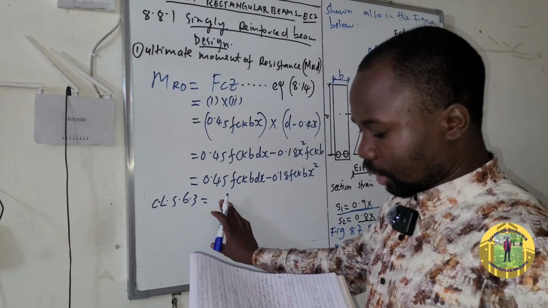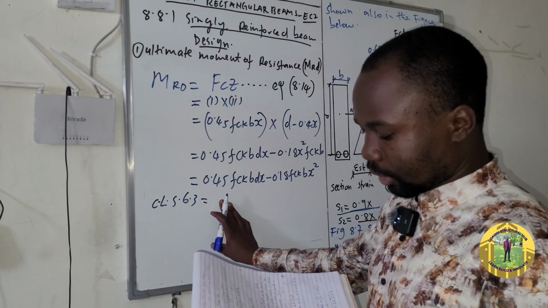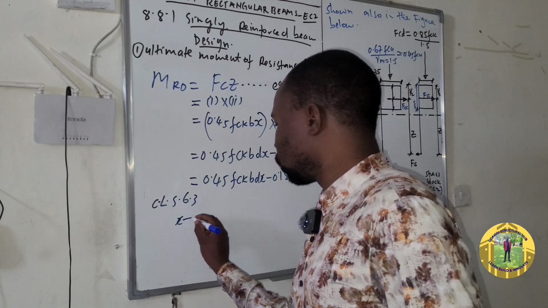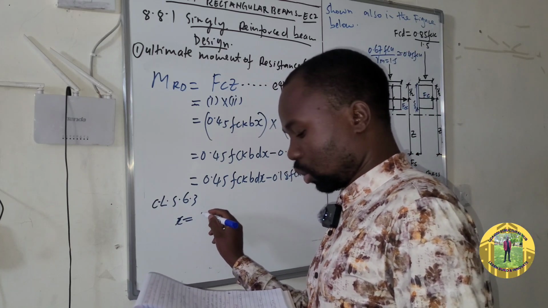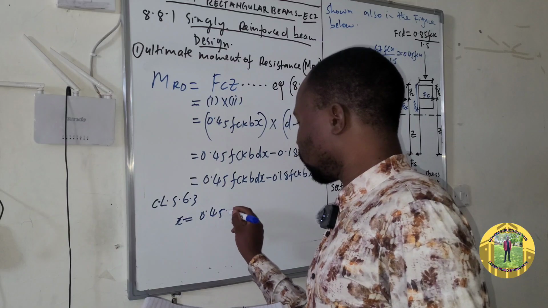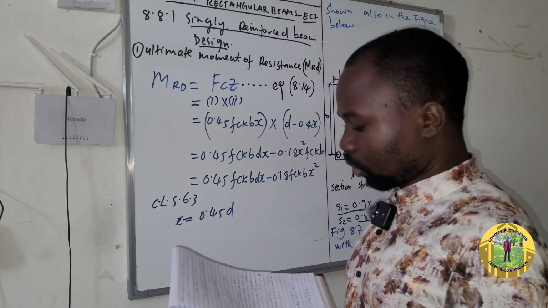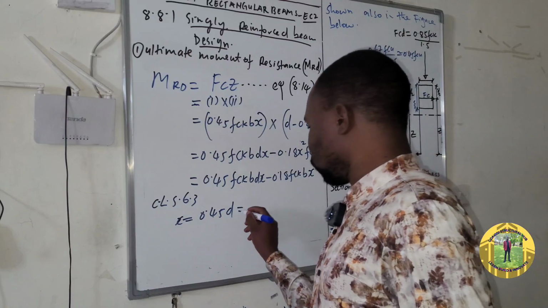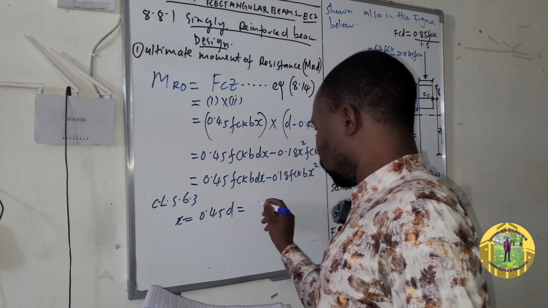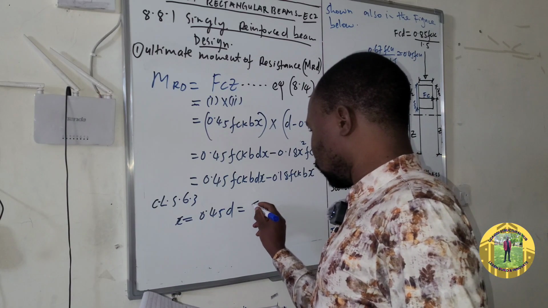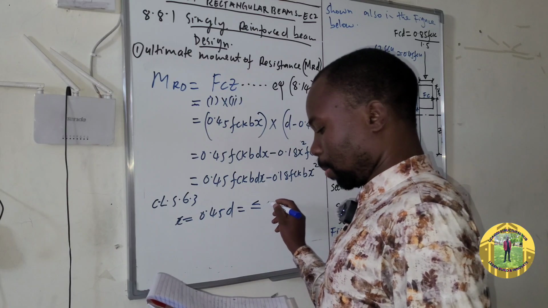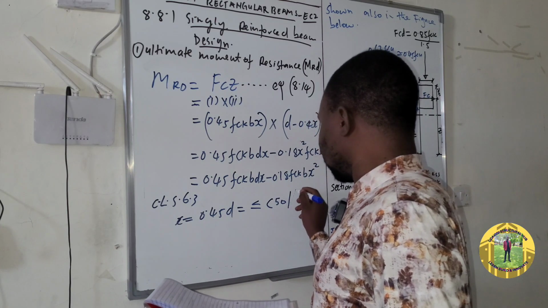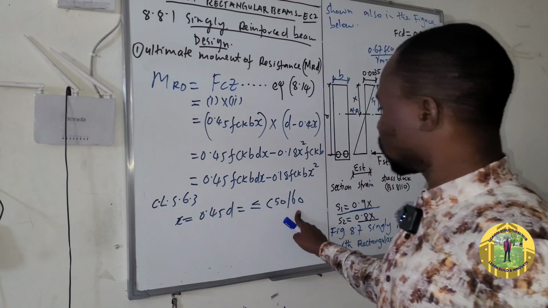It says that you limit the depth of the neutral axis x to 0.45D for concrete strength class less than or equal to C50 and C60.